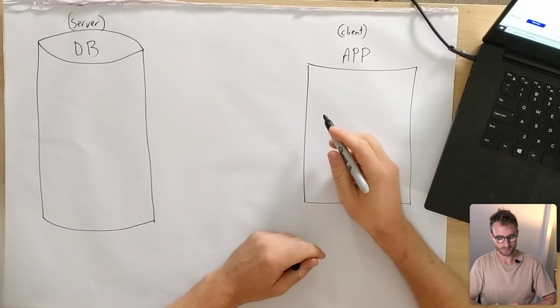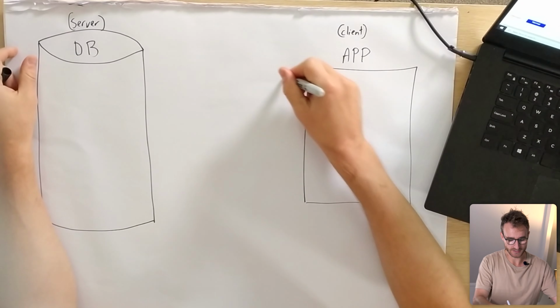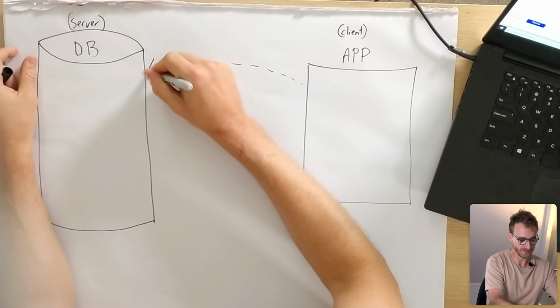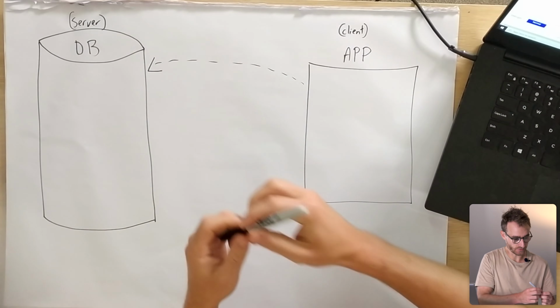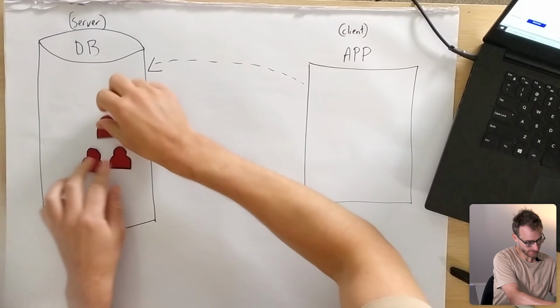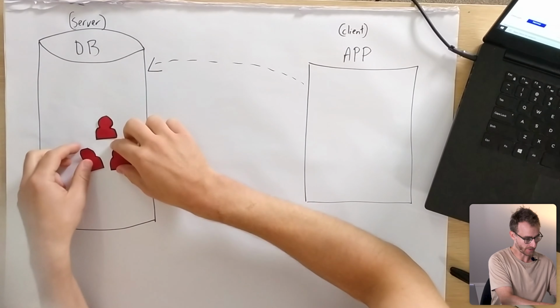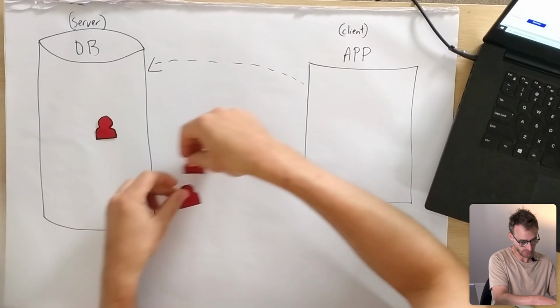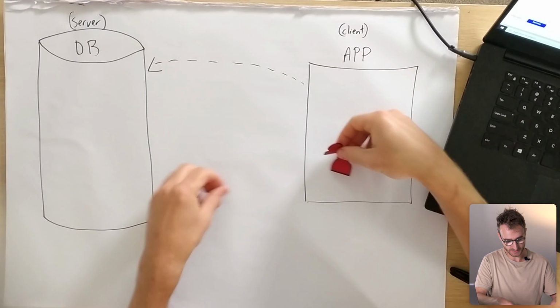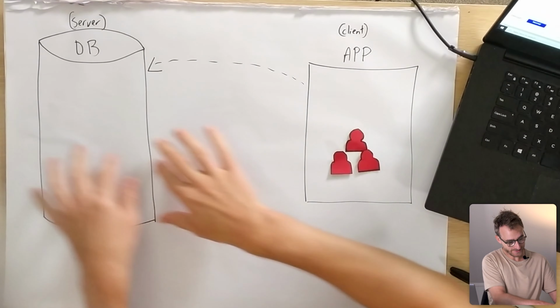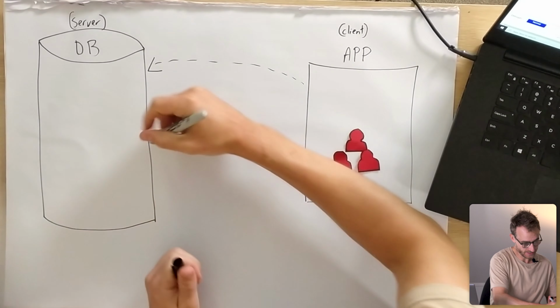So your app, as we know, is making a request to the database for some users, for some data. And the database is full of all of this data, like these users. Based on the search constraints, the search parameters, it is going to return some users to the app.